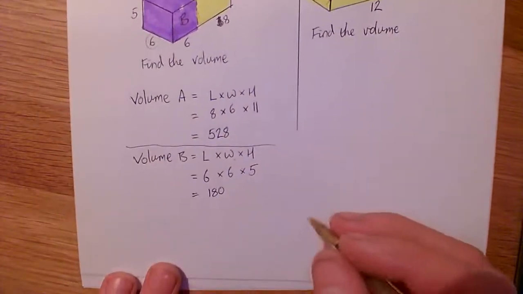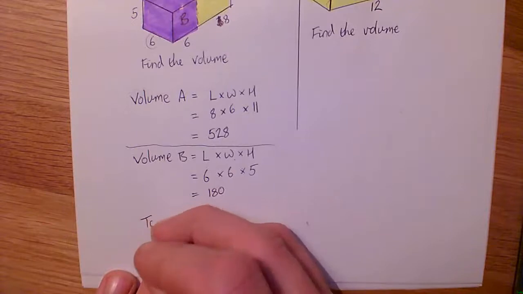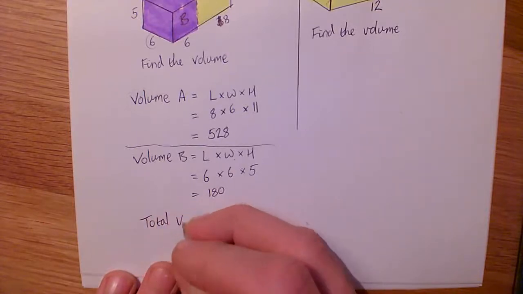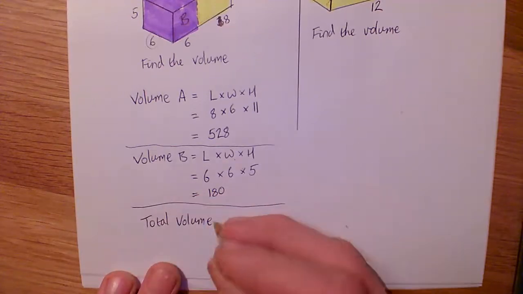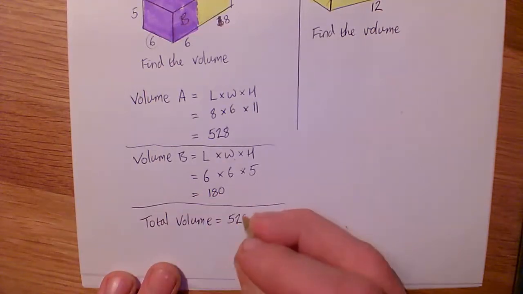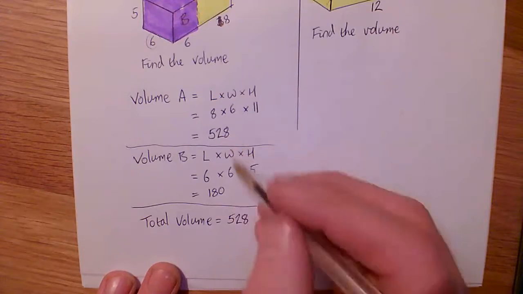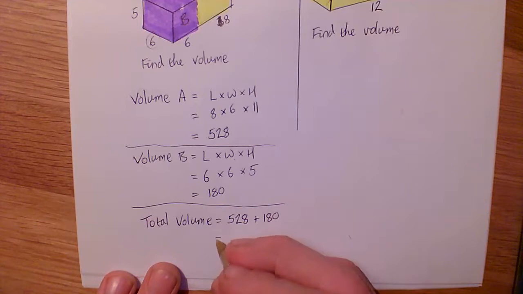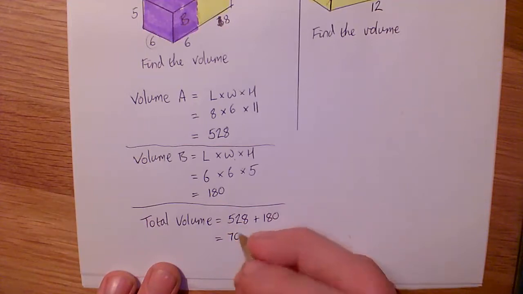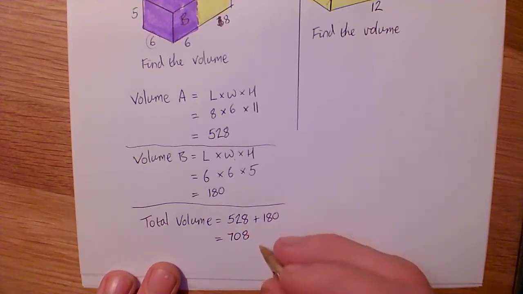Final step, just like with our areas, is to work out our total volume. And so our total volume is our 528, which was volume A, plus our 180, which is 708.